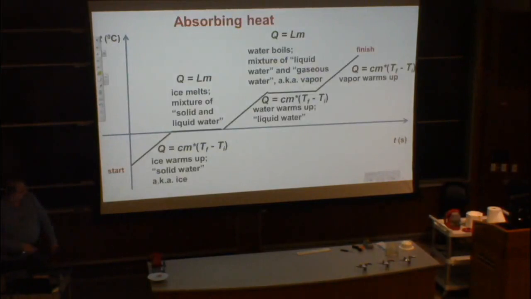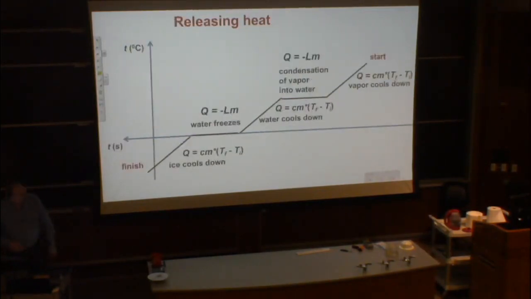And now we can write these equations for each part of this graph. Warming up, phase transition, temperature change, phase transition, temperature change, or backwards. The difference between these types of equations.